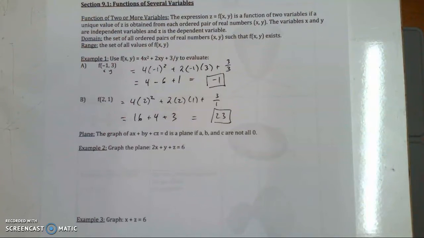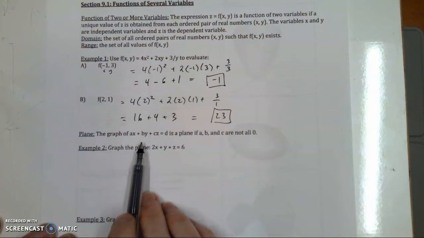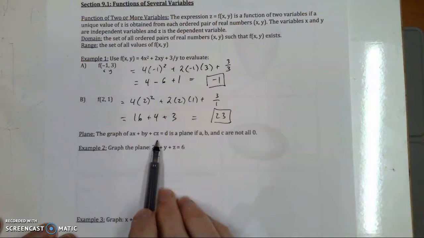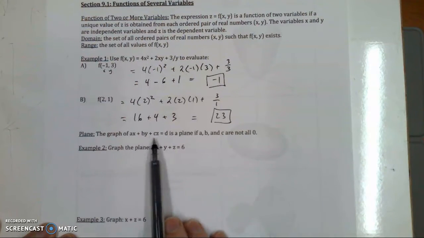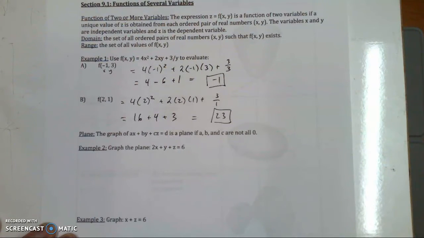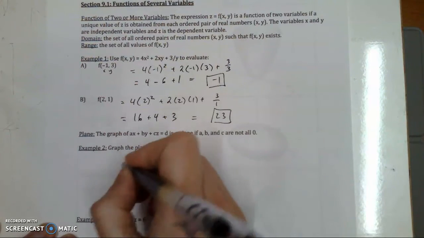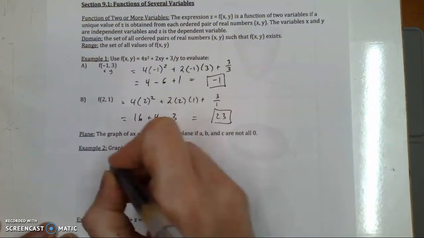The next thing we'd like to look at is graphing planes. Our general equation here is ax plus by plus cz equals d, where a, b, and c are our variables. And as long as a, b, and c are not all 0, we will get some sort of plane. Now, when we draw 3D on a 2D graph, we're going to draw like that.